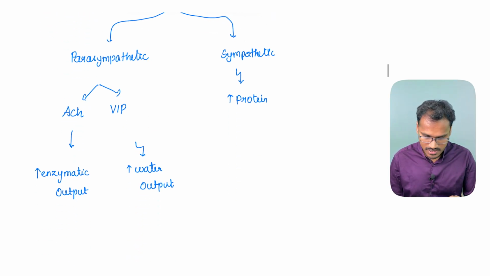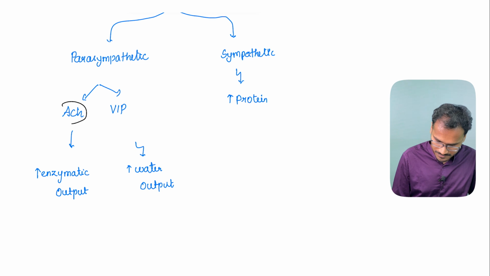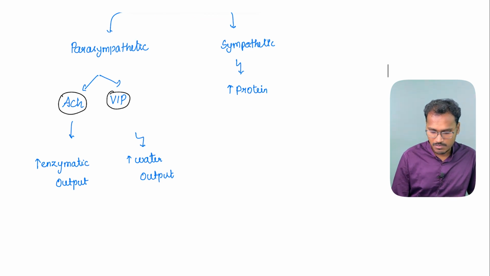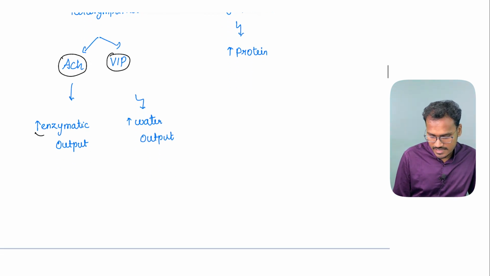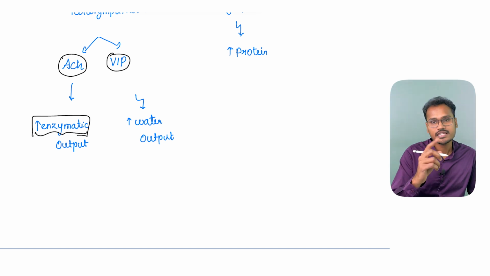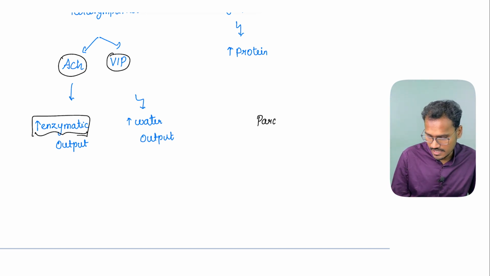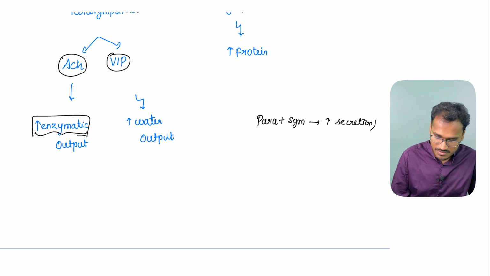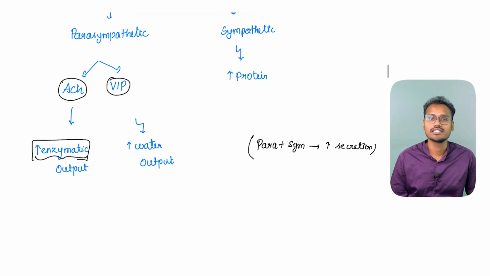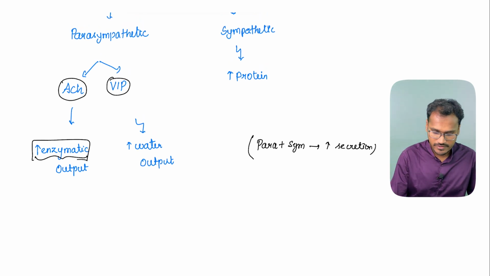The parasympathetic system releases acetylcholine and VIP. With the help of acetylcholine, it increases the enzymes. So salivary secretion is one secretion wherein both parasympathetic as well as sympathetic increase the secretion. Generally, they act in opposite ways, but here both of them increase the secretion. But the content is different.